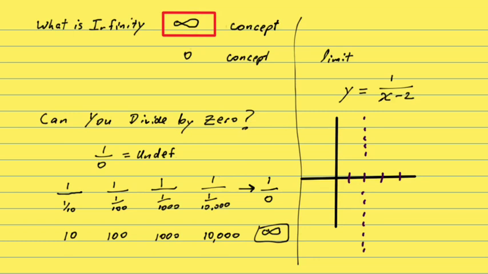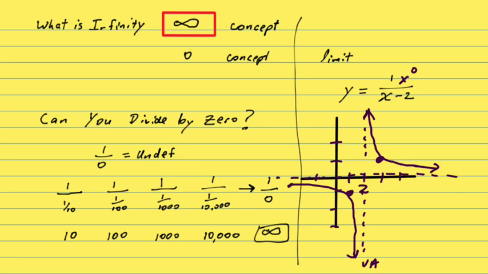That creates a vertical asymptote at 2. Now, is the power bigger on bottom than on top? Yes, so it has a horizontal asymptote at 0. If you were to put in a 3, you'd get a 1, and it would curve like this. If you put in a 1, you'd get a negative 1, and it would curve like this.